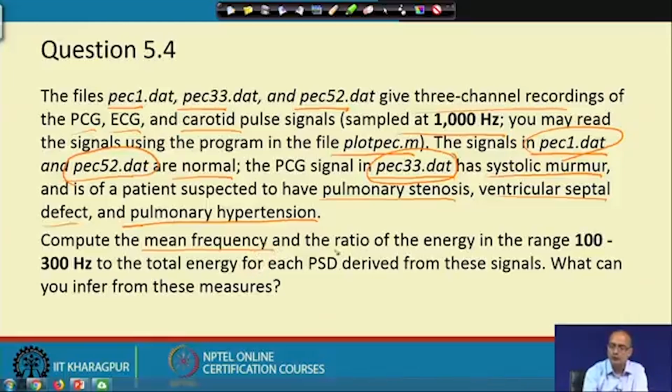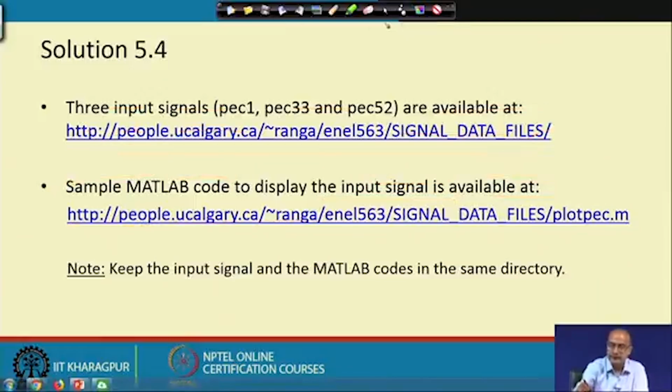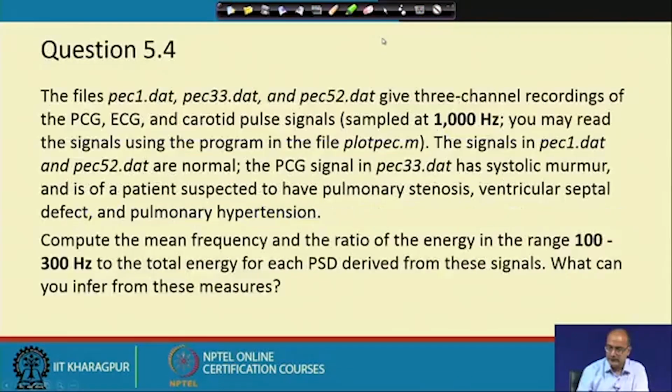We can also compute the ratio of the energy in the range between 100 to 300 hertz in this bandwidth compared to the total energy of the PSD. So, the fractional energy within this band.